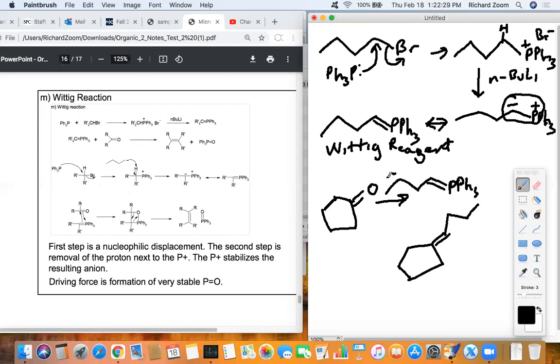And I'm hoping you can see the pattern. I'll circle this group here attached to the triphenylphosphine, and then you've got this group here, which I'll put in a square.